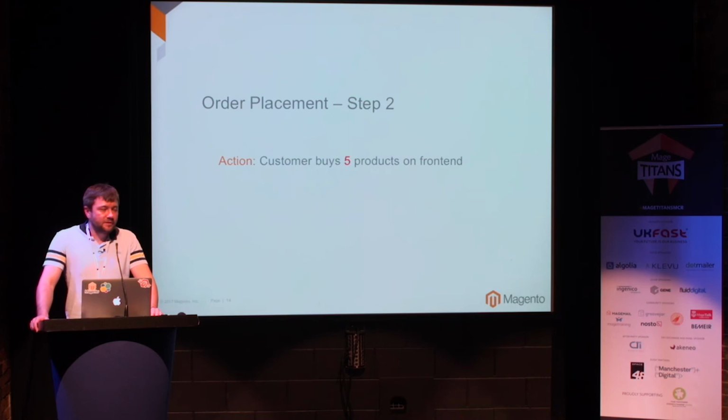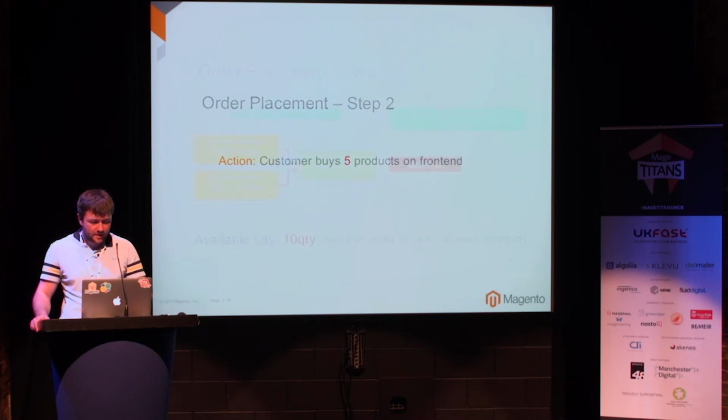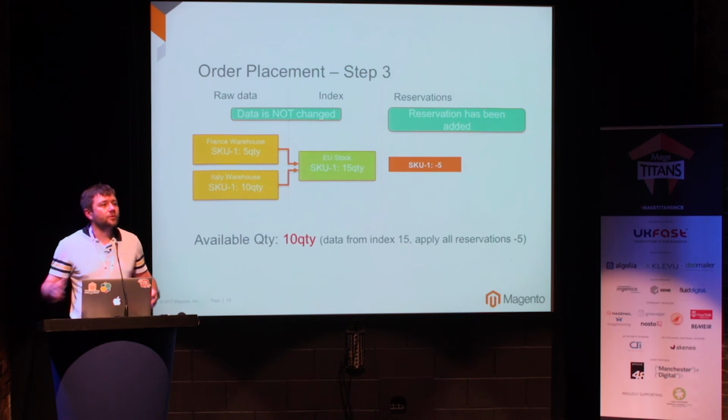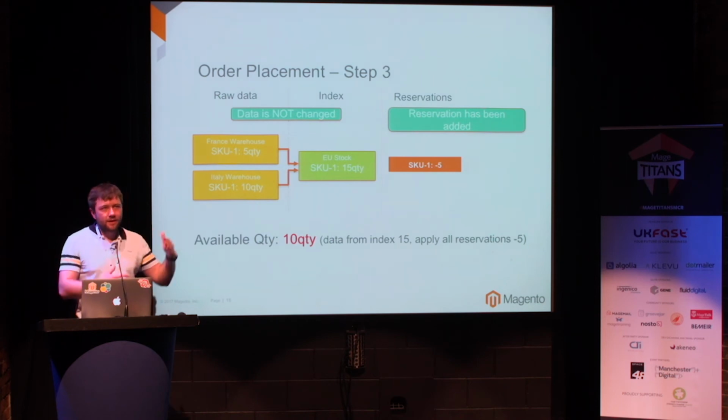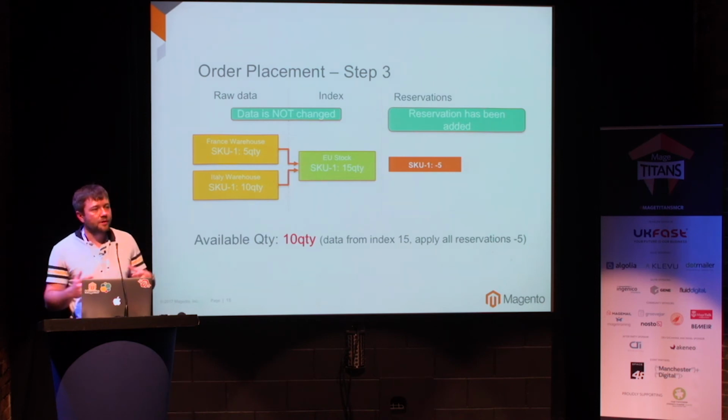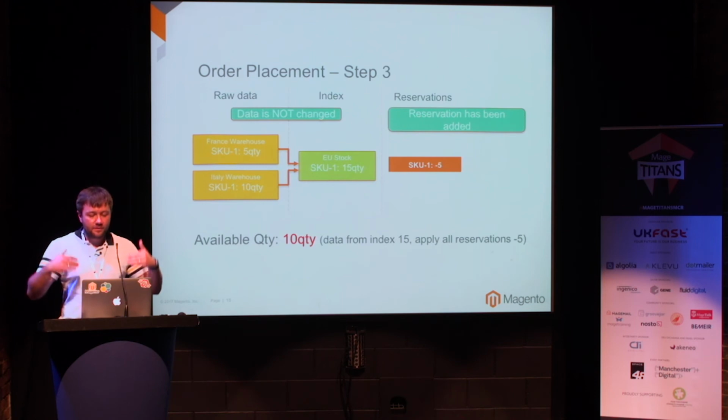At some point, the customer comes to the site and places an order buying 5 products. What happens with our system? We don't make any transactional logic regarding whether we have enough products to fulfill that order. We make that check very quickly, not in a transaction, and place a reservation.